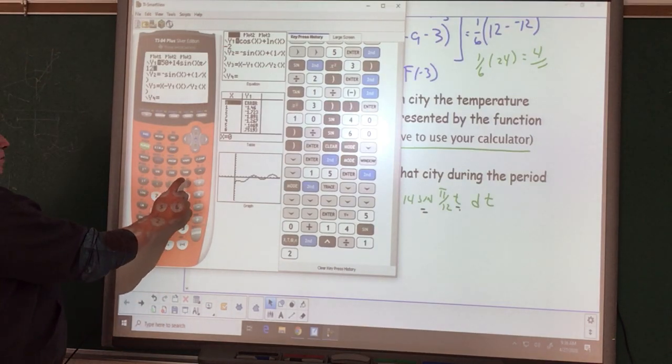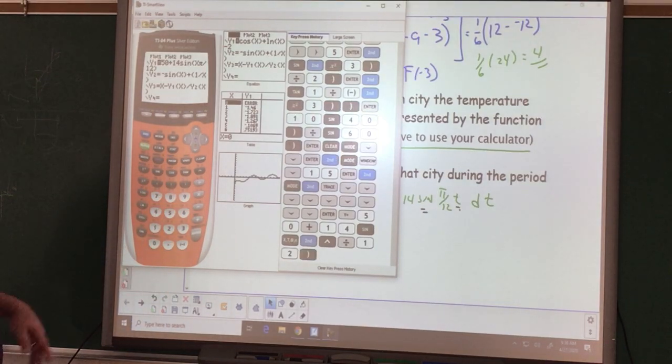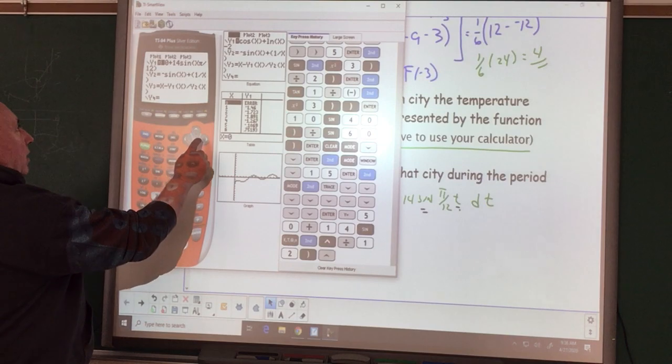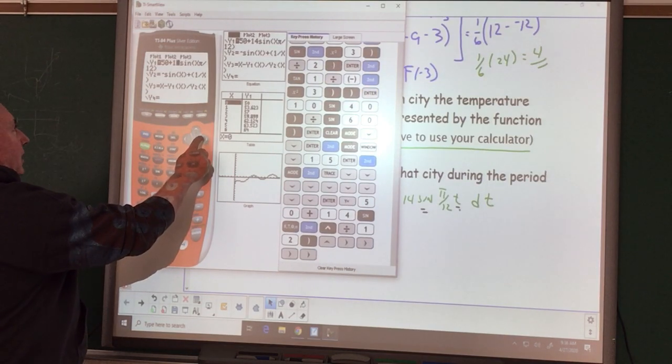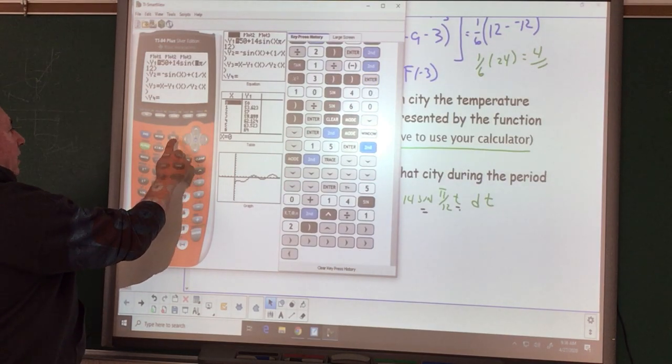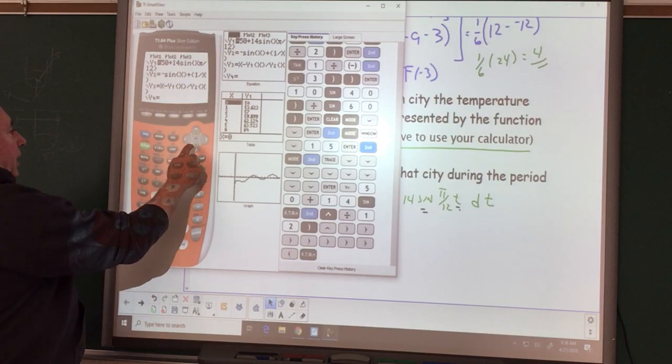Need to make sure I close my parenthesis out there. I had to use the variable of x in there because I don't have a t variable here, so I need to make sure I have a variable I can deal with. That's the variable x.